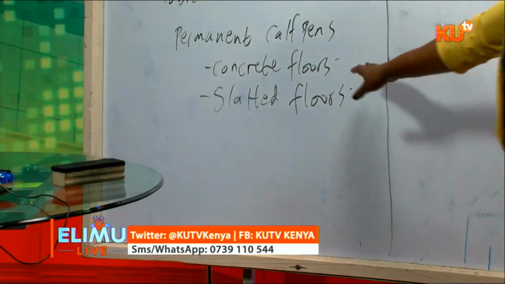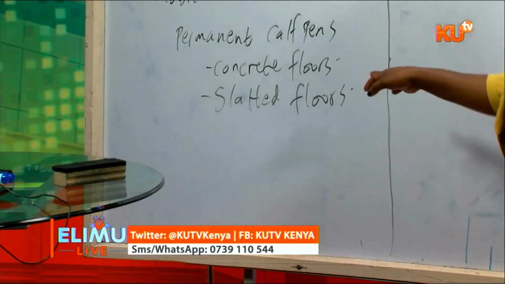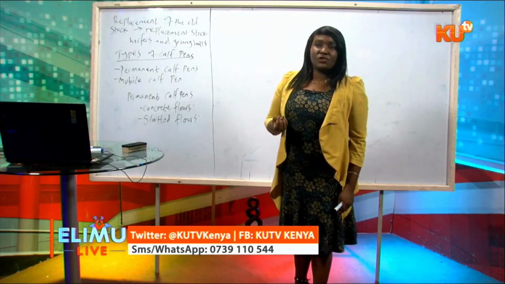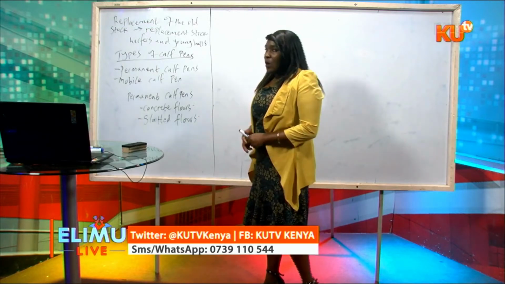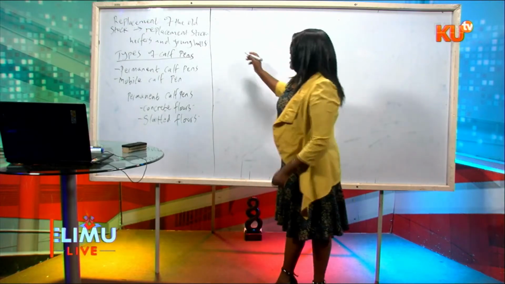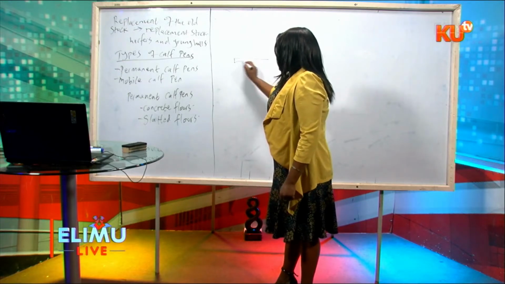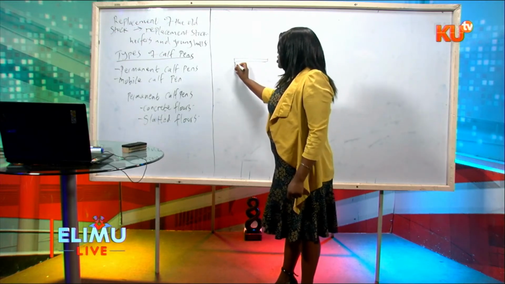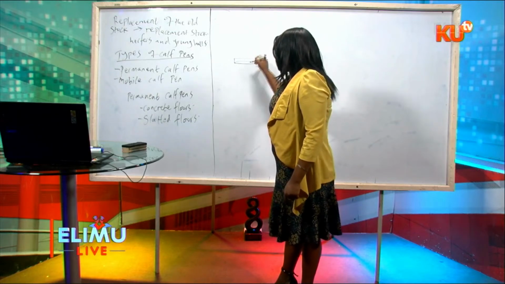Both of these calf pens, the one with the concrete and the one with slated floor, ensure that there is proper drainage. The drainage is good because the slated floors have timber on the bottom, and the timber on the floor of the calf pen is not in contact with each other. They are divided by a gap.